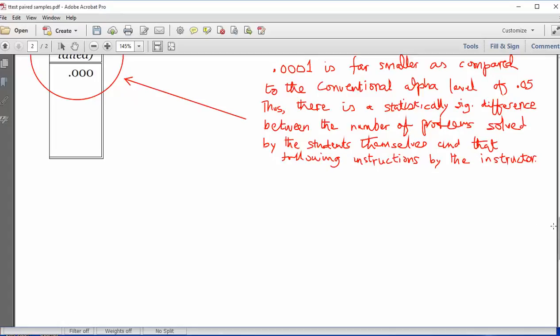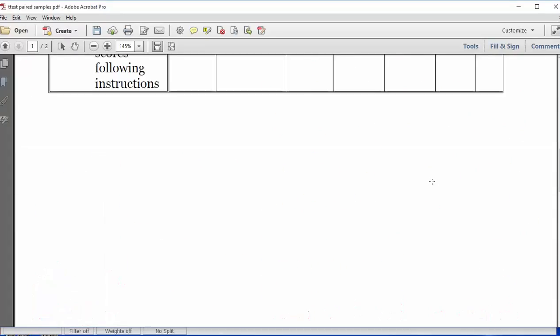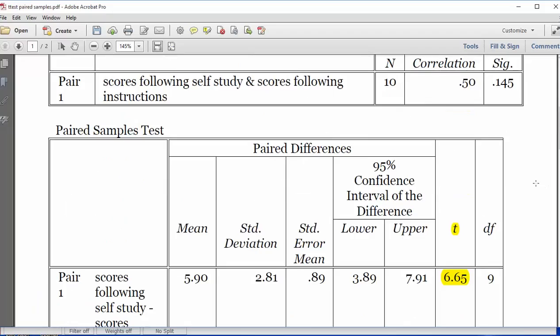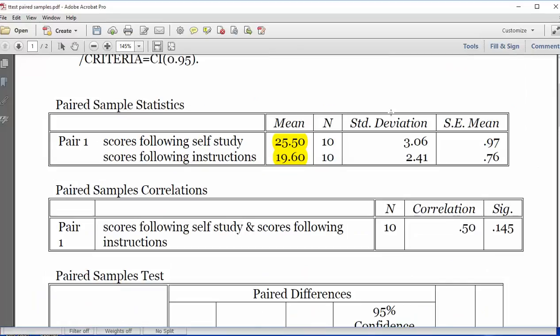So this would be what you will get after analyzing the data. If you go here, you are now getting the descriptive statistics. The scores following self-study were 25.5, that is the mean score, and the mean score following instruction was 19.6.